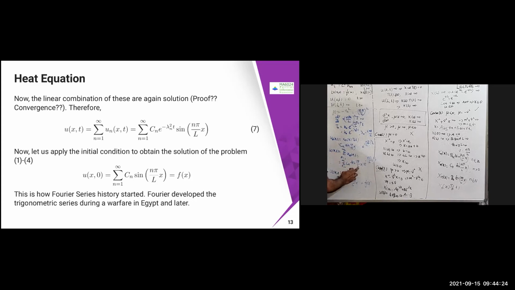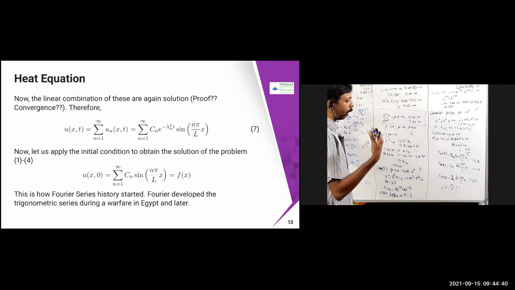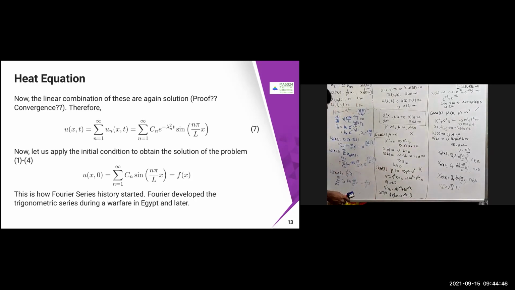Also, you have to check whether it is bounded. If the convergence holds, then automatically you get the boundedness. Because if it is diverging, what will happen? If you put in some heat source, it is going to explode, and you are going to get an infinite temperature. That is where you require the analysis knowledge of whether it is convergent or not.